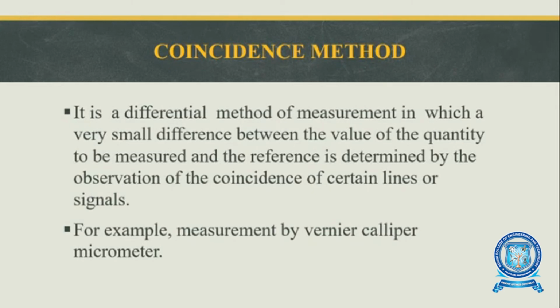The reference value and this measured value of the product should be compared, and there must be a very small difference between the two values. For that purpose, we should coincide the measurement system to equate the value of the particular product. Then it is called the coincidence method.